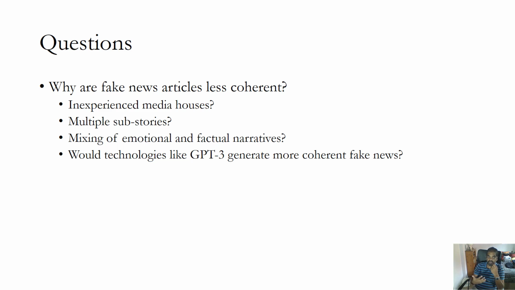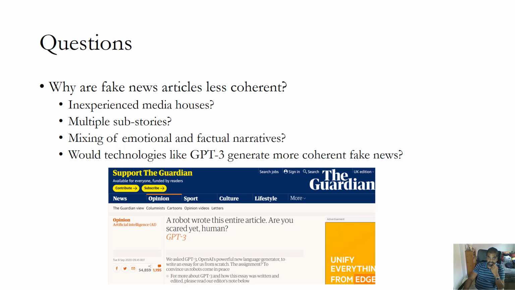But this leads us on to several other questions. Why are fake news articles less coherent? Is it because they are produced by inexperienced media houses? Is it because they use multiple sub-stories? Is it because they mix emotional and factual narratives? And also, an interesting question that came to mind last week on seeing a Guardian article is, would technologies like GPT-3 generate more coherent fake news?